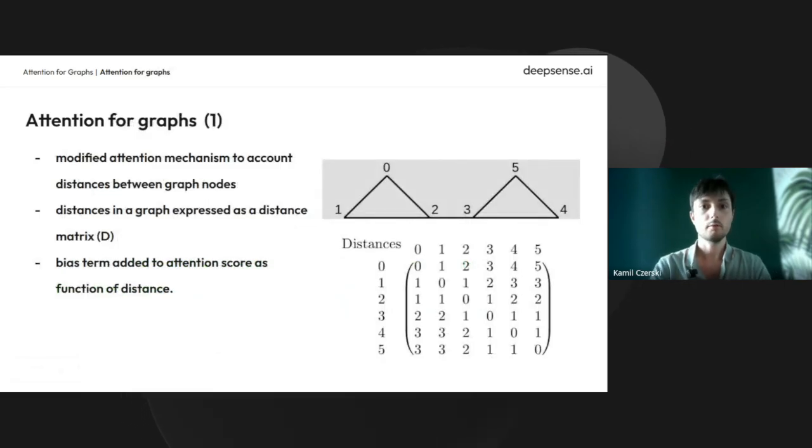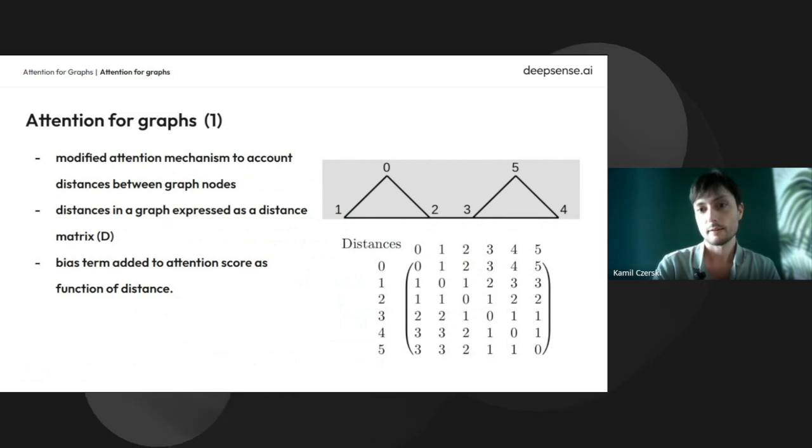Okay, and now let's jump into our topic, the attention that we deal with. It's attention applied to graphs, and a graph as a structure is always associated with a distance matrix. Here you can see this distance matrix, and it tells you the distance from each node to each other node. The diagonal is 0.